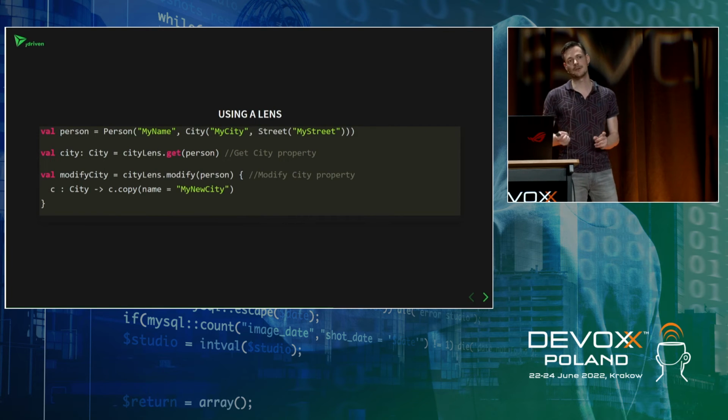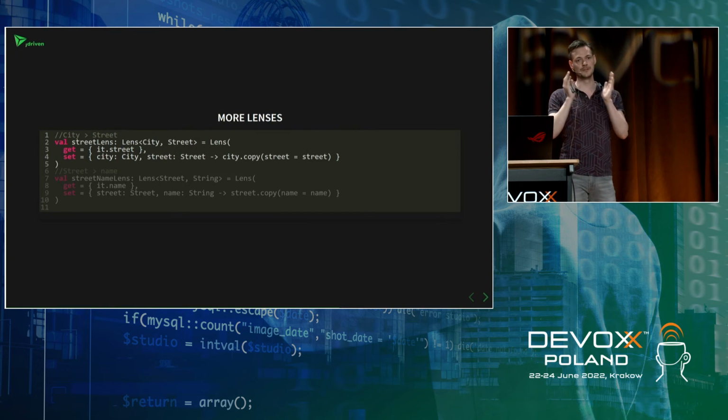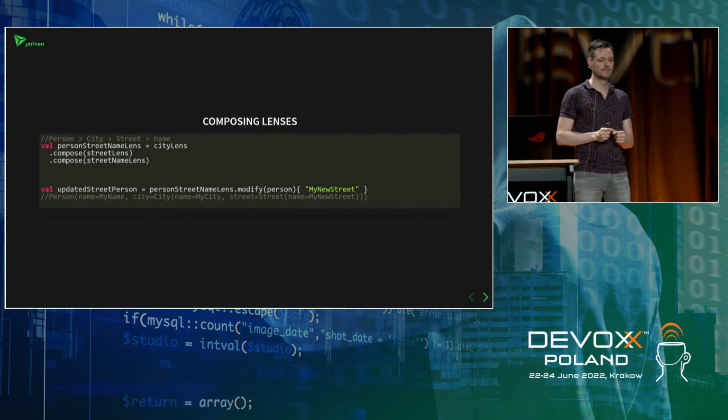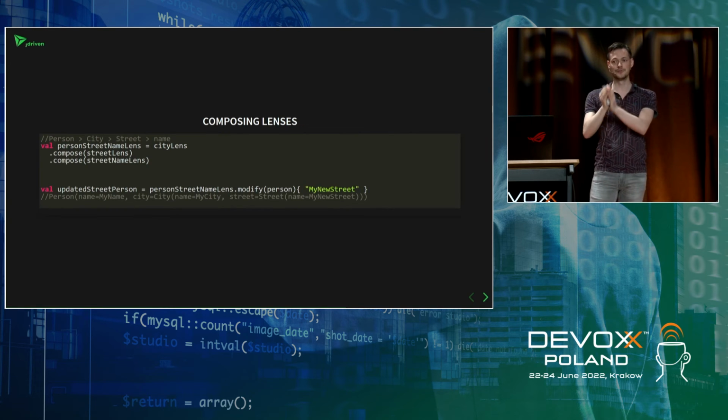And this isn't very useful yet, since we could have just used a normal copy for this. The power starts coming if we add more lenses. So if we define a lens that goes from city to its street property, and then define a lens that goes from the street to its name property. Now we have 3 lenses, and we can start combining them by composing them. So now we have a lens that goes from person to its city property, to the street property, to the street name.